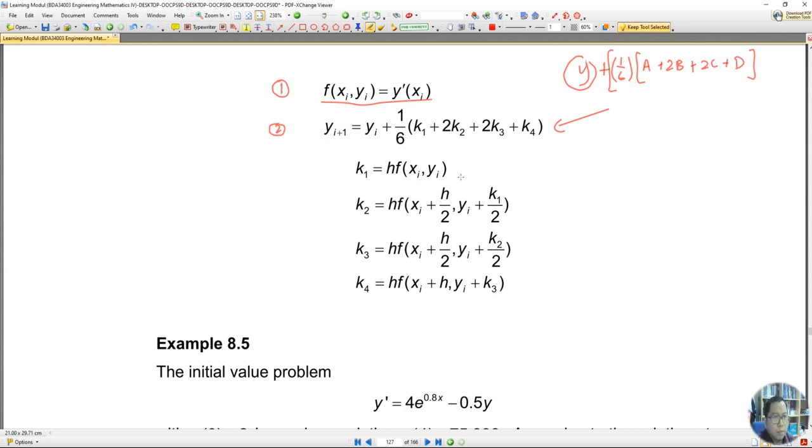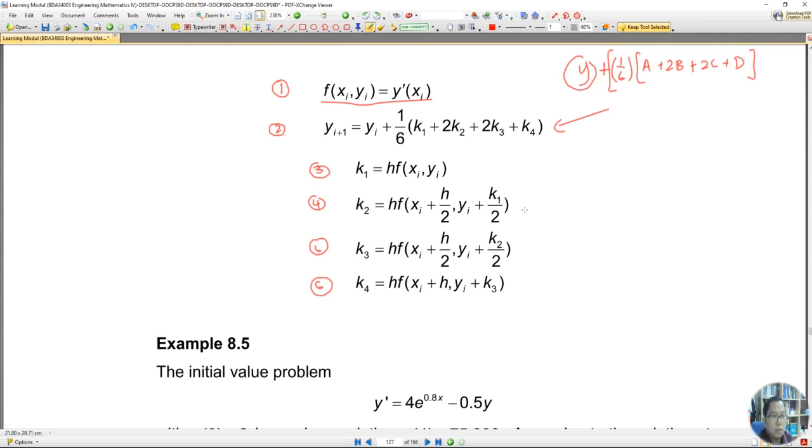This is for formula number 2, and then formula numbers 3, 4, 5, 6. For K1 you simply multiply with h.